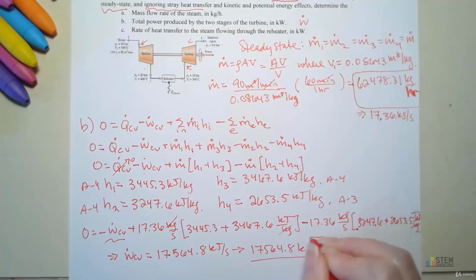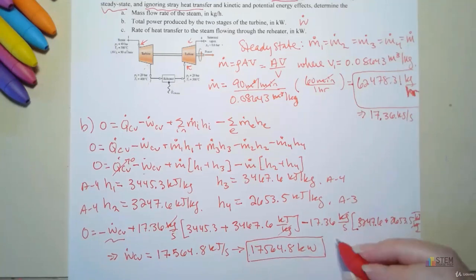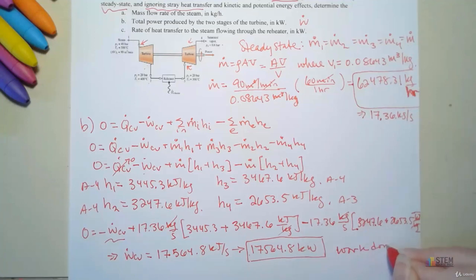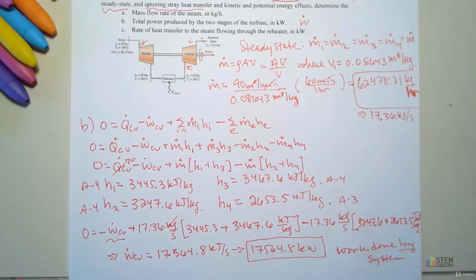So your answer will be 17,564.8 kilowatts. Notice it is positive. If it's positive, you're generating power to send out of the system. Okay? So that is perfect. If you got a negative, you know you did something wrong. Part B is done. That was the long part.